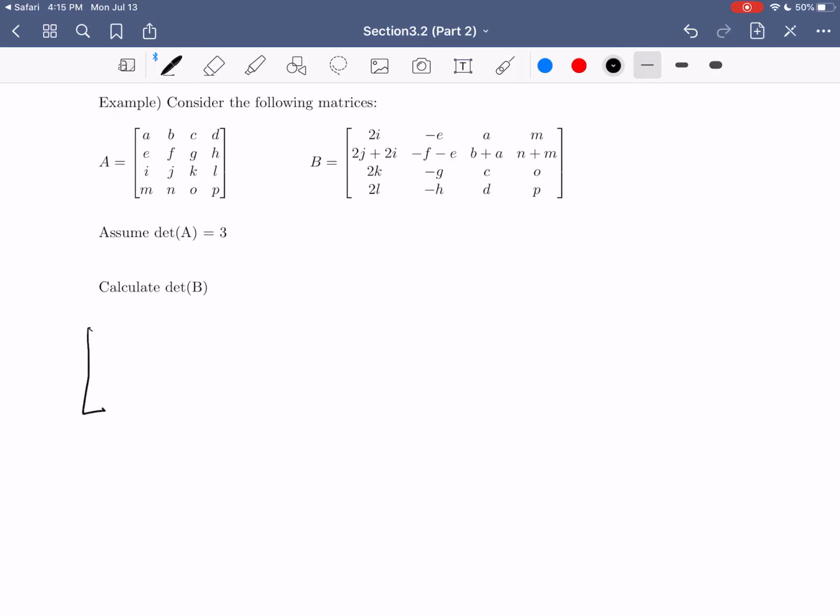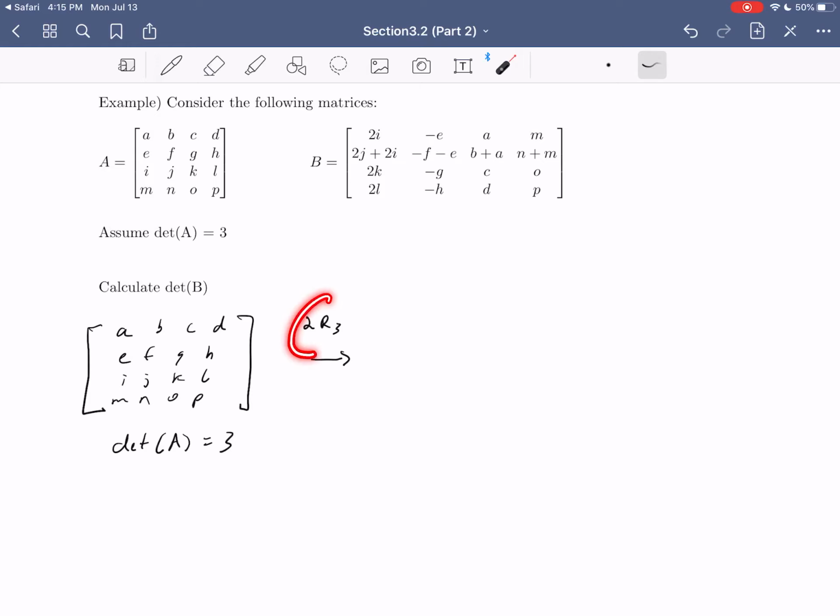So if we do A, B, C, D, E, F, G, H, I, J, K, L, M, N, O, P. Well, let's go ahead and, like we said here, we notice that I, J, K, and L all have that 2. So let's modify by taking 2 times row 3. And remember, the determinant of A equals 3.